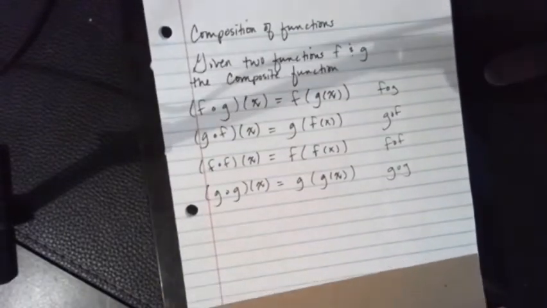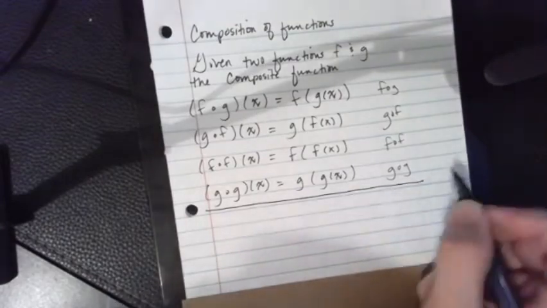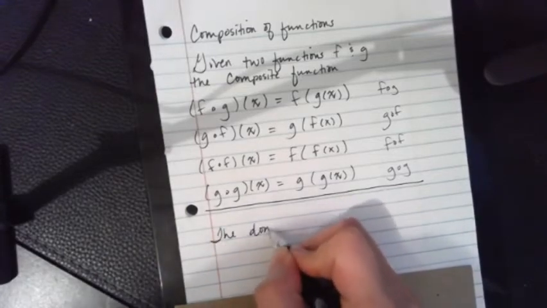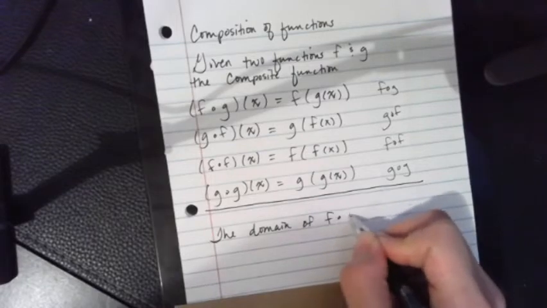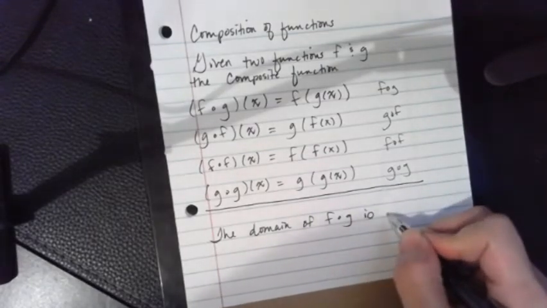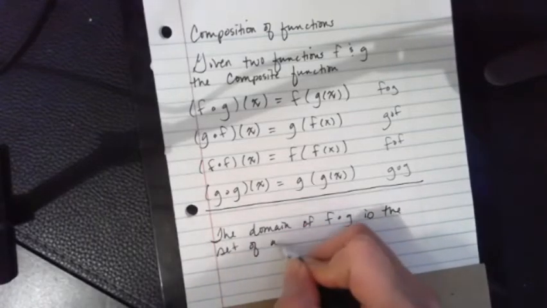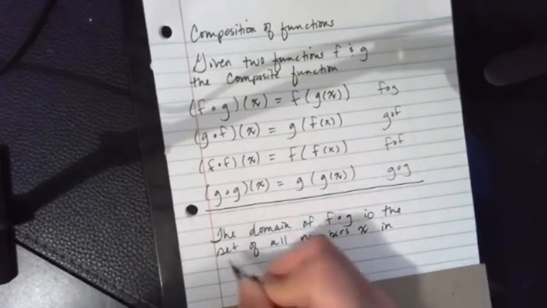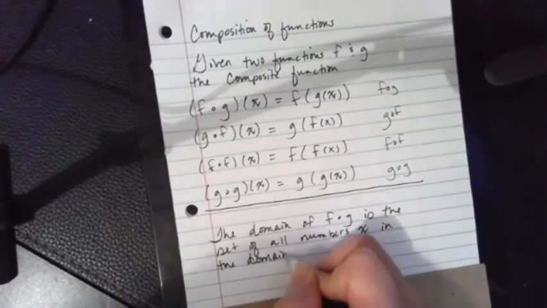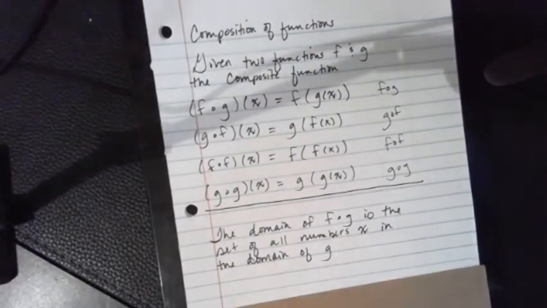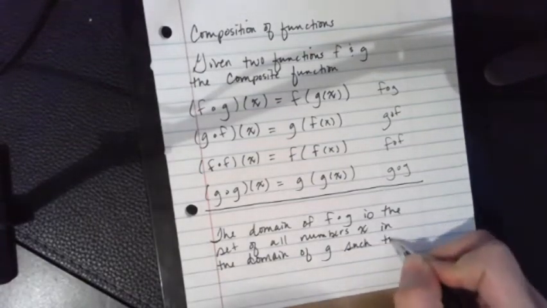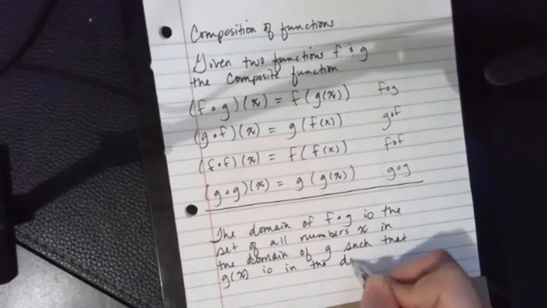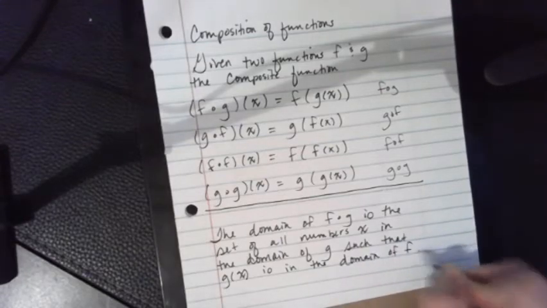And when we're doing this, we really want to be careful with our domains. Okay, so the domain of f composed of g is the set of all numbers x in the domain of g such that g of x is in the domain of f.